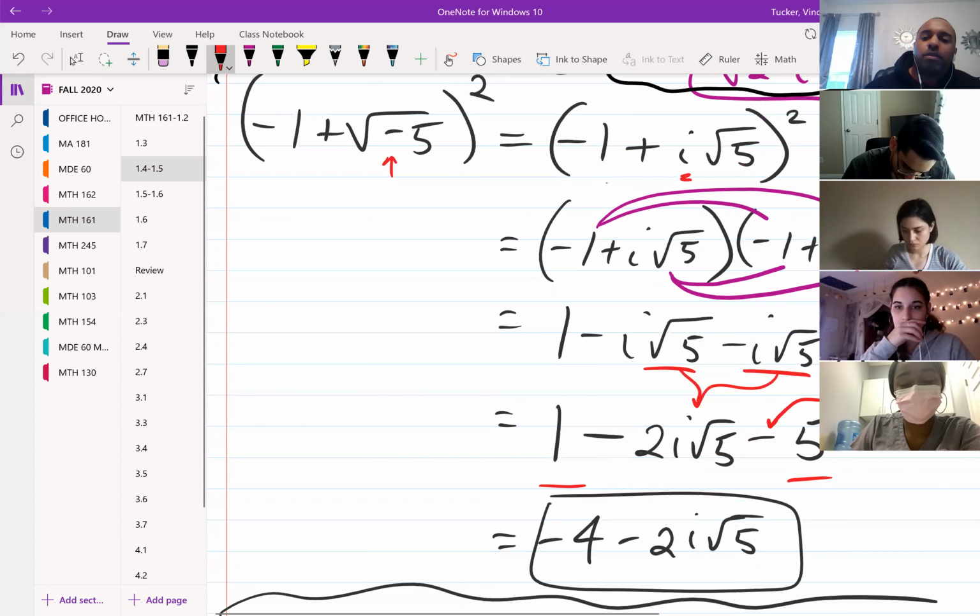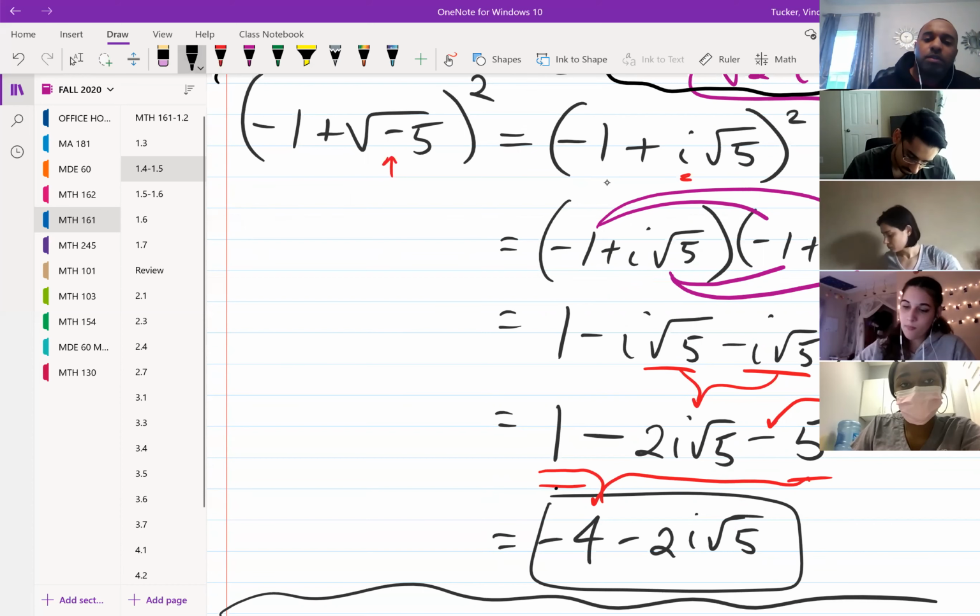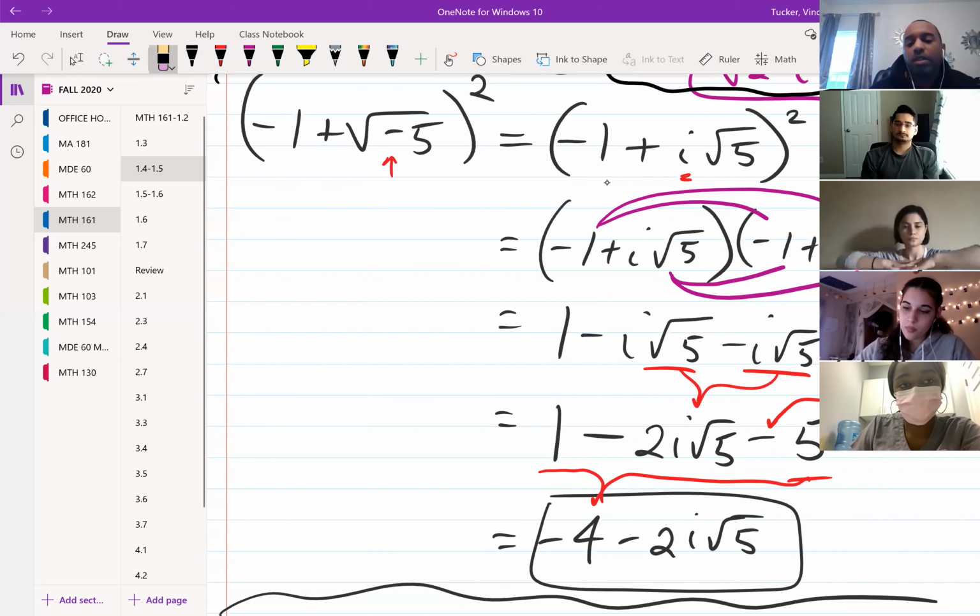Then we can finish it off, combine our like terms. Negative 5 and that 1 is negative 4. As a final answer, negative 4 minus 2i square root of 5.